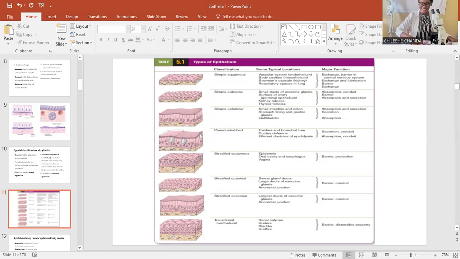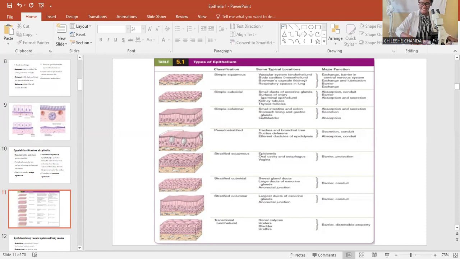And then you're going to find simple squamous epithelium, which is going to be found in places of excretion. For example, the kidneys. You're going to find simple squamous epithelium in such organs. And then you're going to find non-keratinized stratified squamous epithelium.